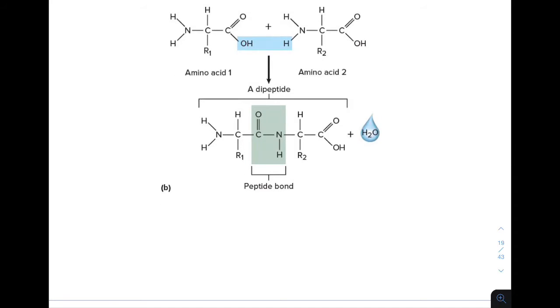So the bond, the peptide bond, has one molecule that we need to pay attention to for a few reasons in this course. This peptide bond features nitrogen. And the reason nitrogen is important is it makes a bond with a slightly different angle.